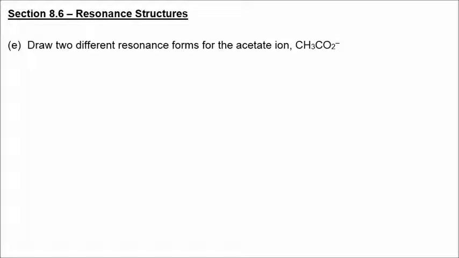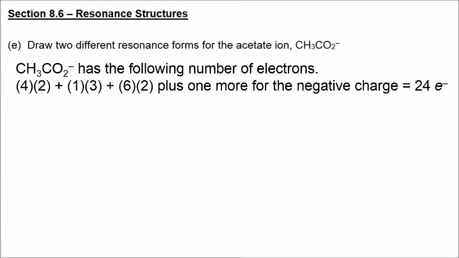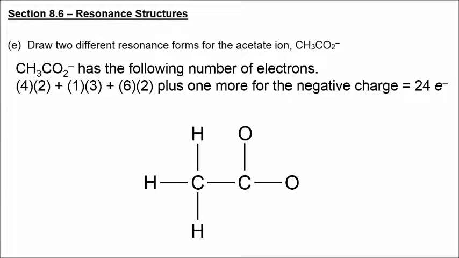If we go with an example for acetate, CH3CO2- has a total of 24 electrons. So there is the skeleton structure for acetate. Do I have 24 electrons? Well, right now I have 2, 4, 6, 8, 10, 12, 14, 16, 18, 20, 22, and 24.